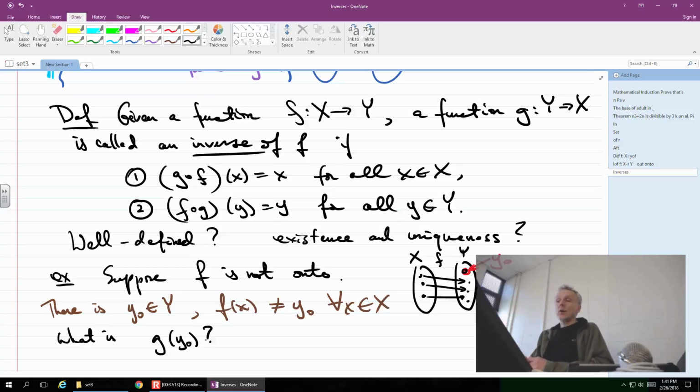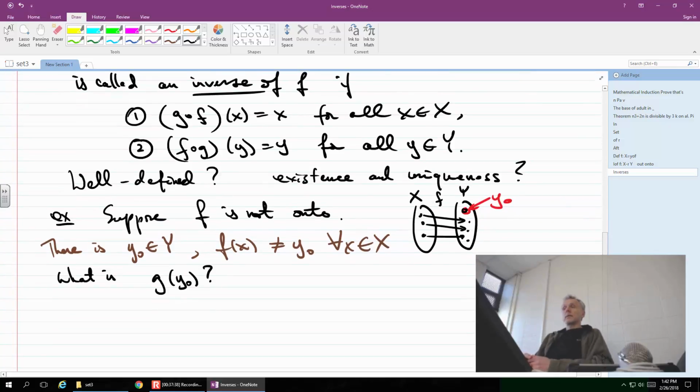So how do we prove that? We would pretty much have to arrive at a contradiction, as I suggested, using property number 2. You see it? Just substitute y naught into the second property.